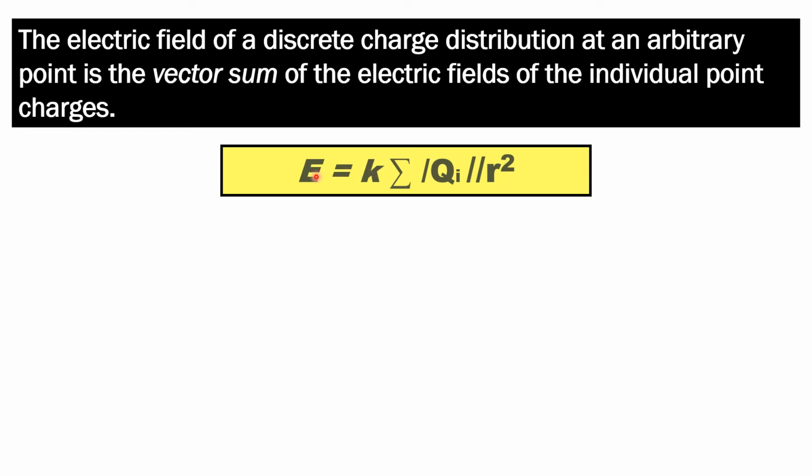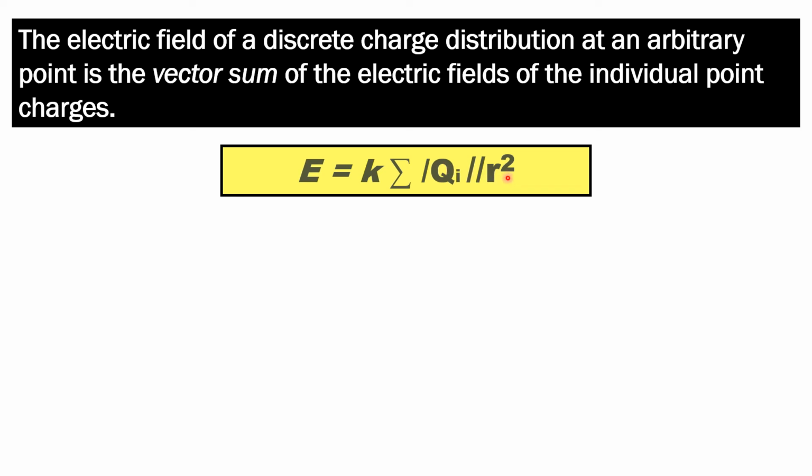So we just use the formula E is equal to K, and this Greek letter sigma refers to the summation of all the products K times big Q divided by the distance r squared.